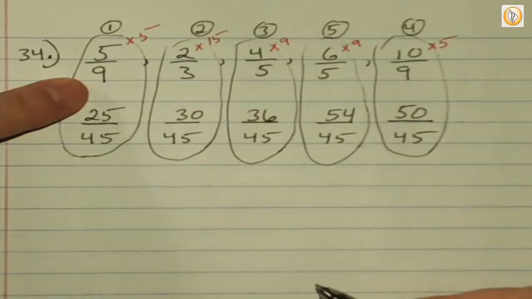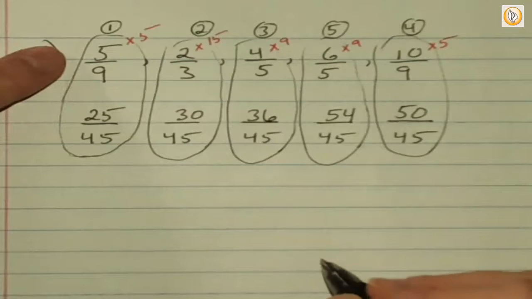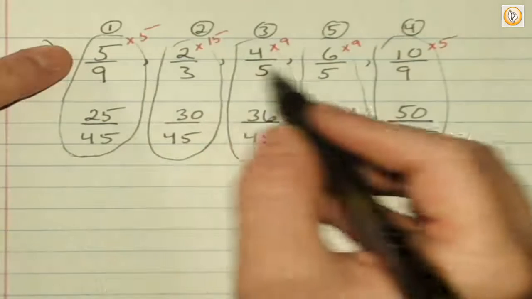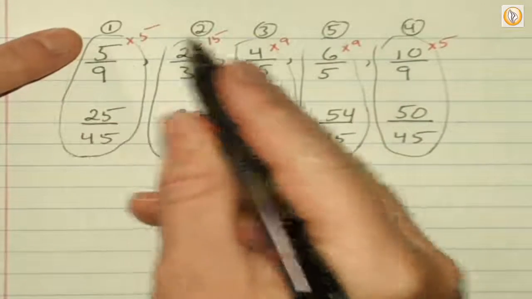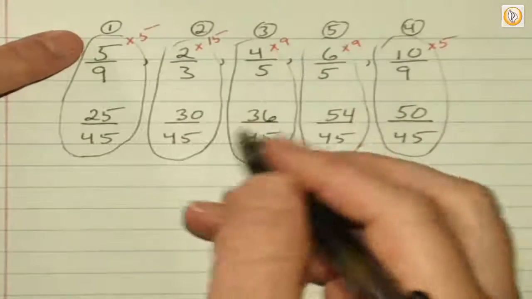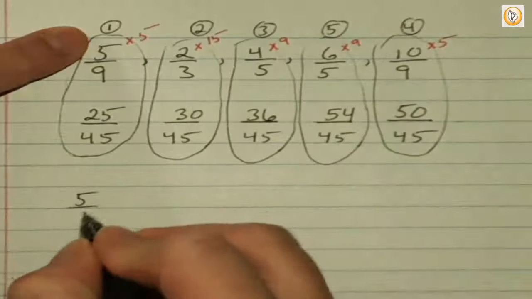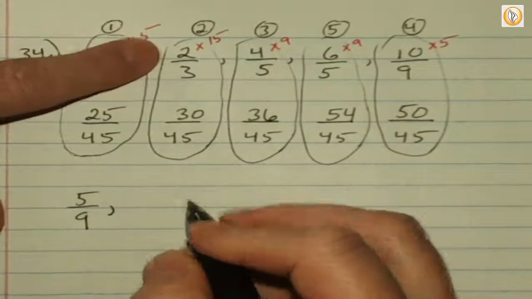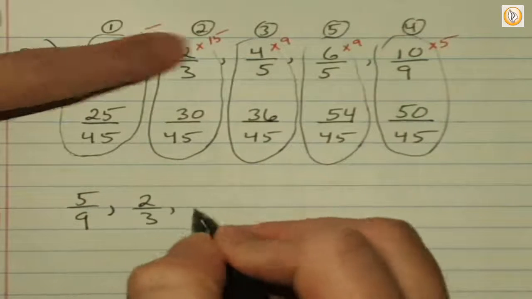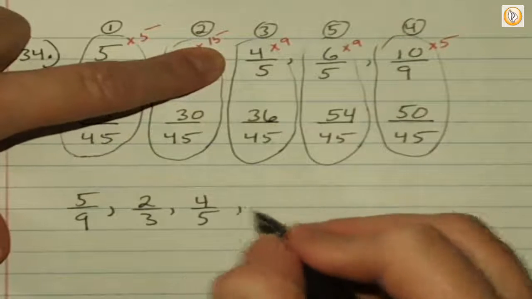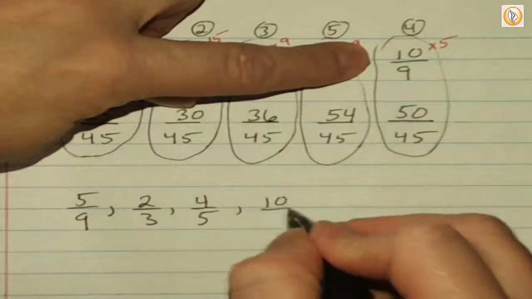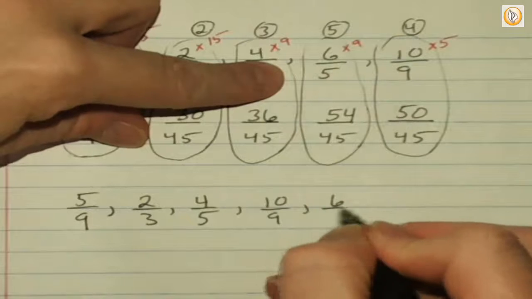Improper, yeah, but it can be mixed. 10/9. All right, so I'm rewriting it, and see, I numbered which goes where. So I have 5/9, 2/3, 4/5, and then 10/9, and then 6/5.